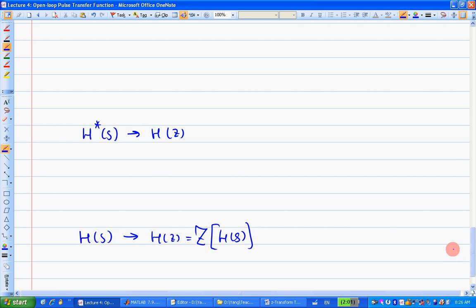Remember, there is an impulse sampler in front of this block.